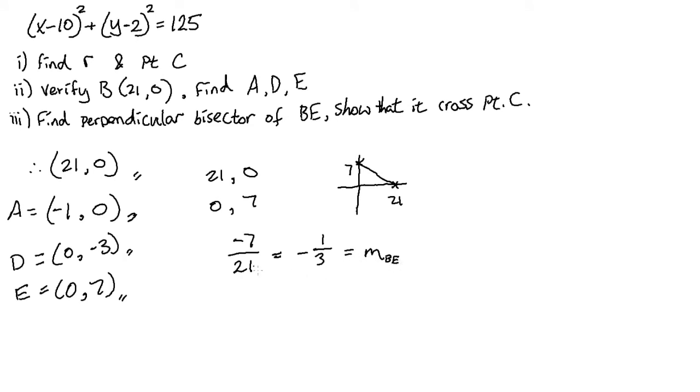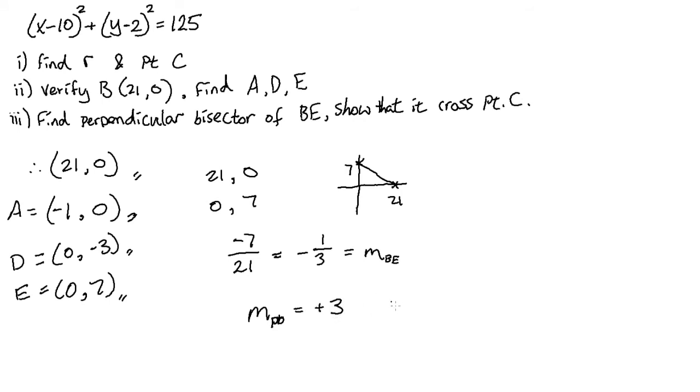And in order to find the perpendicular bisector of BE, we know that it is perpendicular to the line BE, and therefore it is the negative reciprocal of −1/3, and therefore the m of the perpendicular bisector, I'll say PB, will be equal to plus 3.